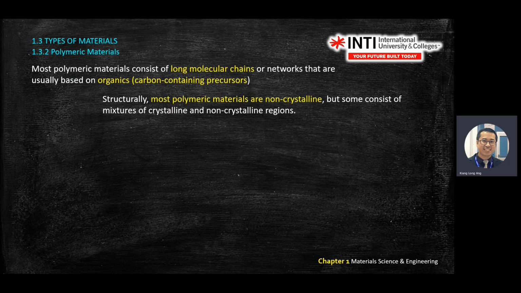You cannot say this is a cubic shape or a certain rectangular shape or polygon shape. You don't have a fixed shape for polymeric material. So normally structurally they are non-crystalline. Means you cannot define it as a square shape or certain shape, because you can define it only as a long chain.